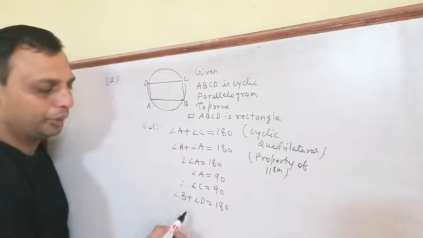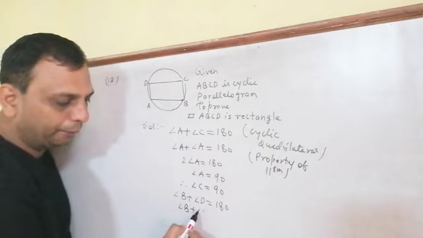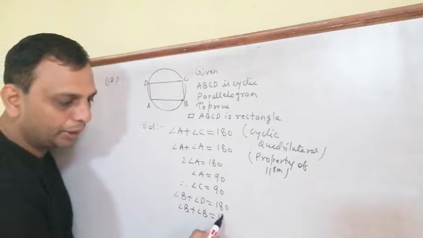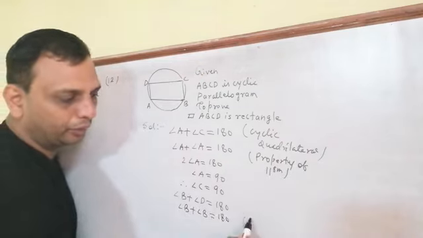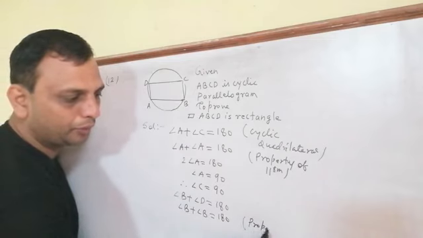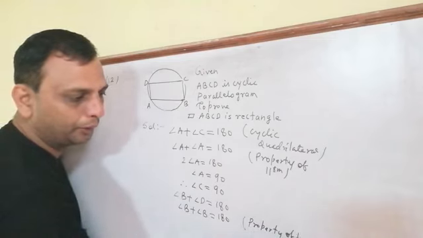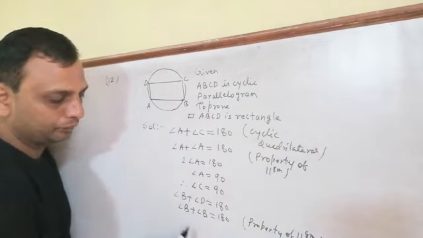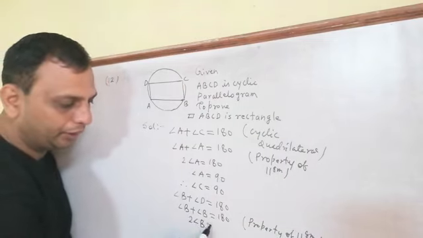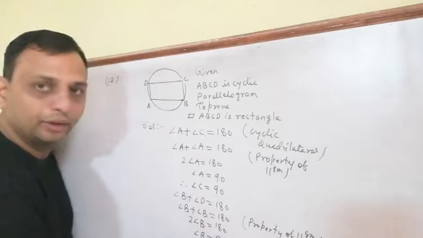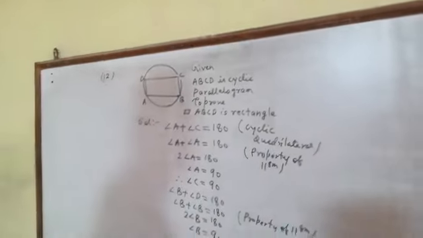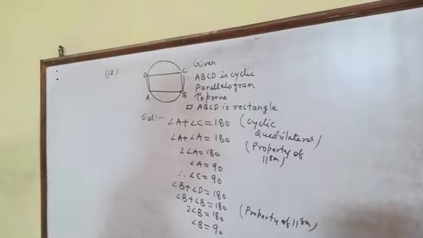But B is equal to D. So in place of D you can write B, because opposite angles of a parallelogram are equal. Property of parallelogram. 2 times angle B will be 180. Angle B will be 90.